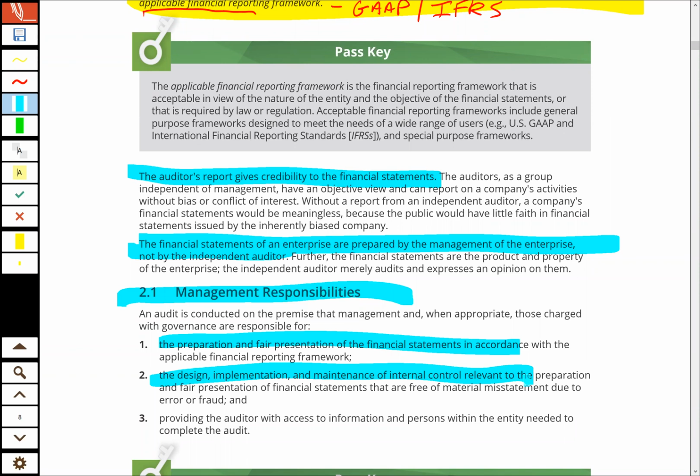The auditor comes in, looks at those financial statements, does the audit procedures we're going to be talking about, and then issues an opinion as to whether those financial statements are prepared in accordance with the applicable framework, US GAAP or IFRS. And for a public company, we're also going to be required to give an opinion as to management's assertion about how they have executed their responsibility for the internal control.